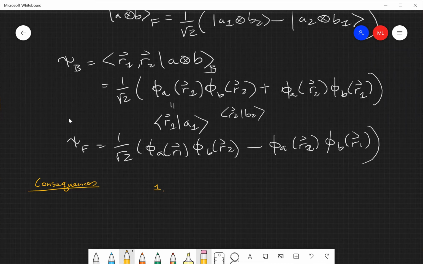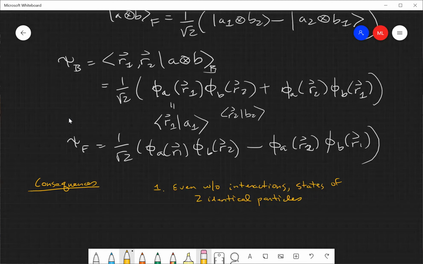First consequence is that even without interactions, so even if you just have two identical particles that don't even know about each other, just hanging out somewhere, states of two identical particles are not product states.